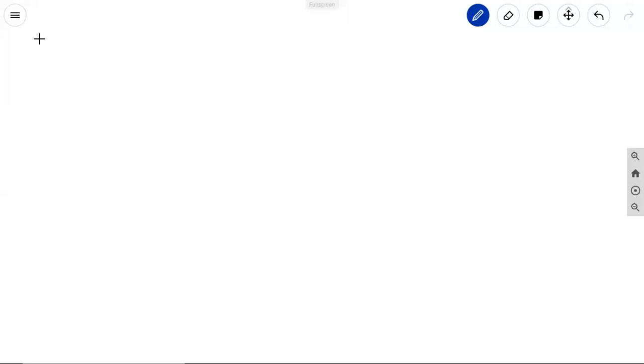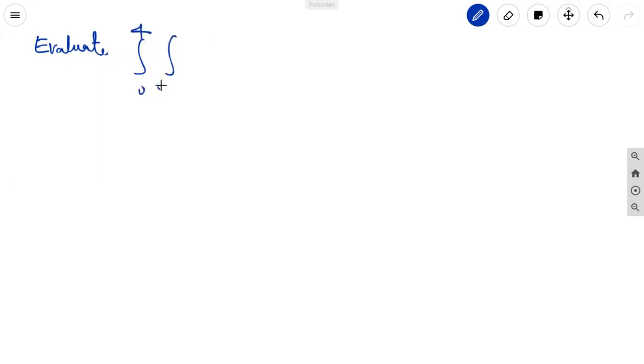Next problem. Evaluate the integral from 0 to 4, integral from y square by 4 to y, of y by x square plus y square, dx dy.